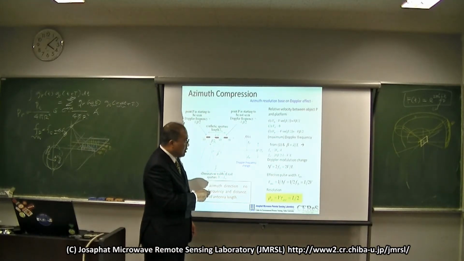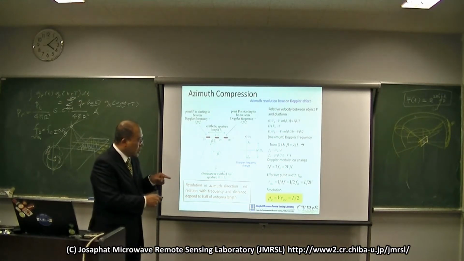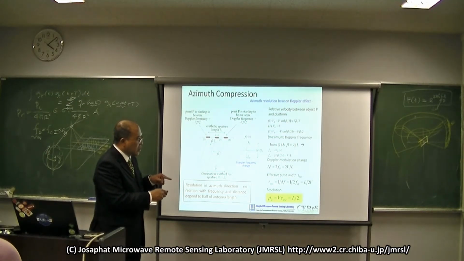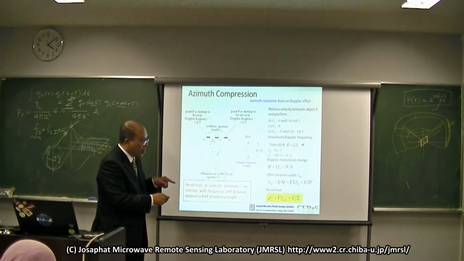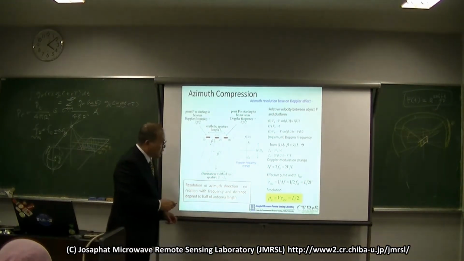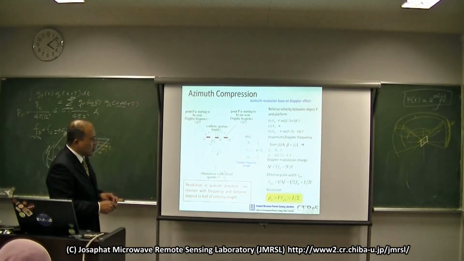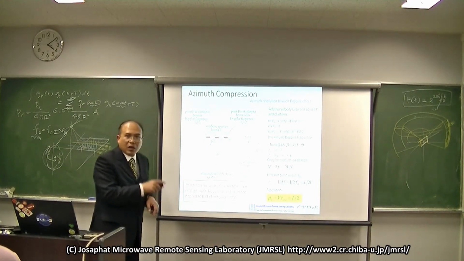Then the effective pulse width tau in the azimuth direction equals 1 divided by delta F. Insert delta F here, insert Fd, and you can find tau equal to L divided by 2V. Then the resolution itself equals V times tau. Insert this tau and you can find L divided by 2.